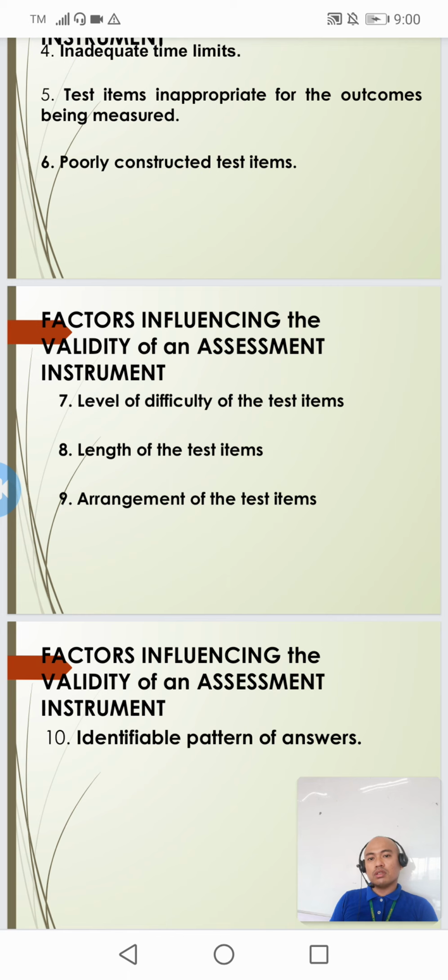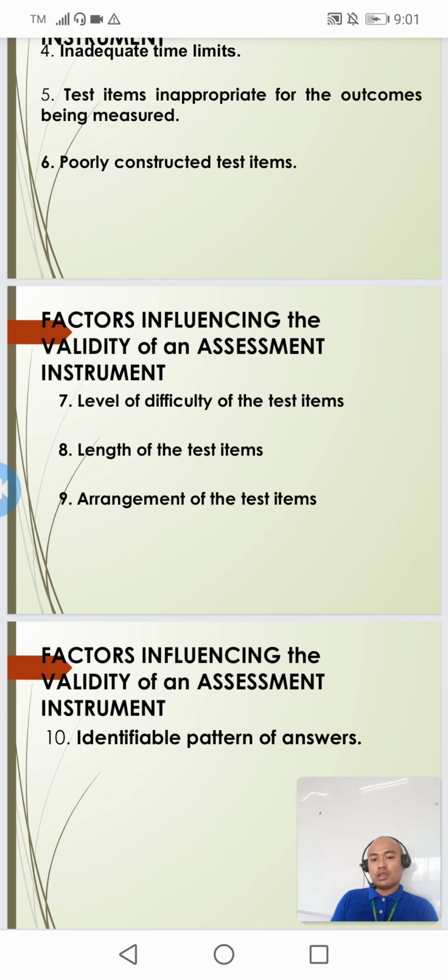So, make sure na itong mga items mo should not fall on too easy and too difficult. Okay? Ang dapat na pagfulan nila ay nasa moderate difficulty lang yung mga items natin, for you to make sure or for you to be able to discriminate bright and poor students.